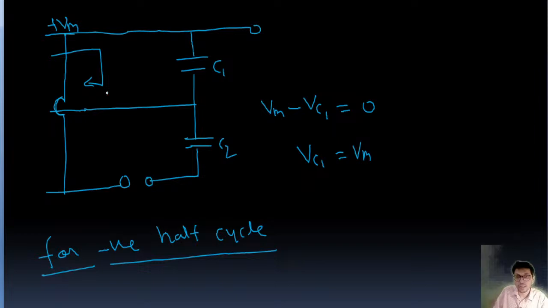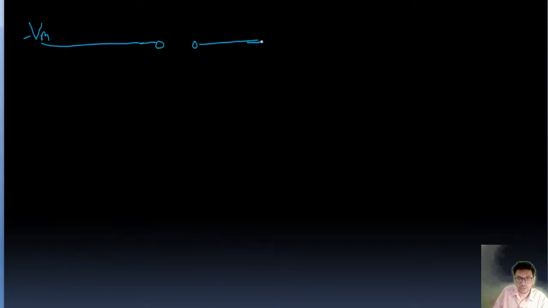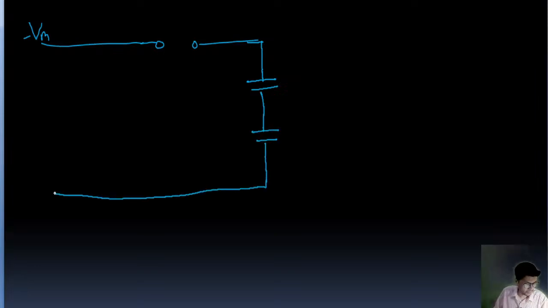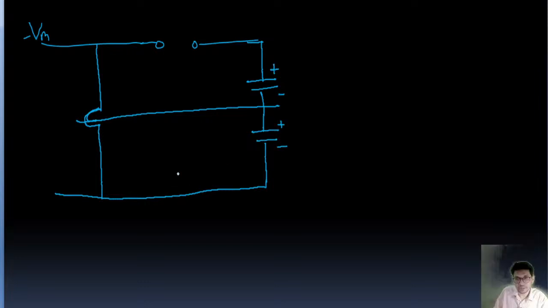Okay. This one is positive, negative, positive, negative. So this is going to be the case. This is V output, right?